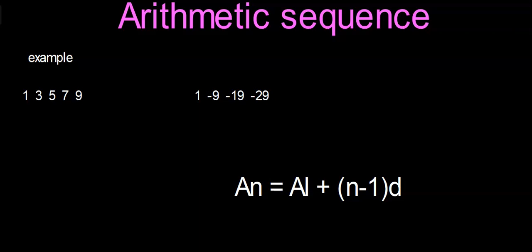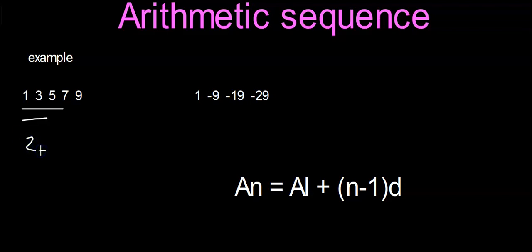the formula, the basic thing that I want you guys to understand is that the way we know a sequence is arithmetic is by finding the d, the common difference. The way you do it is by subtracting the first term from the second term. If you see over here, when I subtract 1 from 3, I get 2.